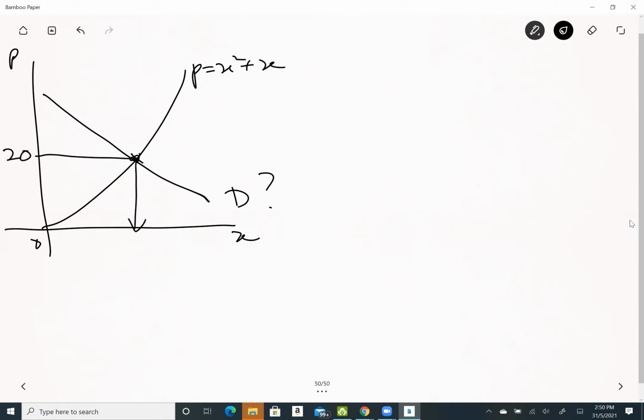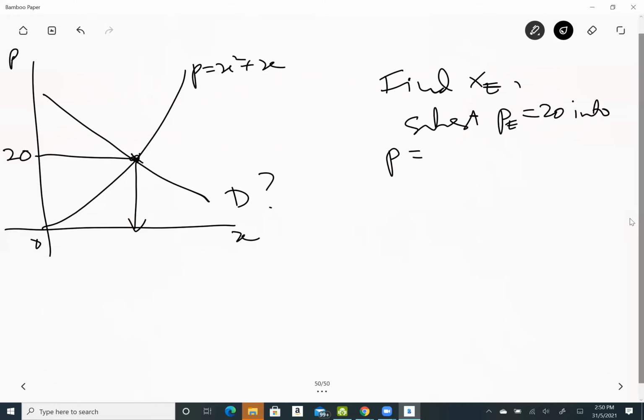So our question now, first of all, is that you need to find XE. How do we do it? We substitute PE equal to 20 into the supply function, P equals x squared plus x.